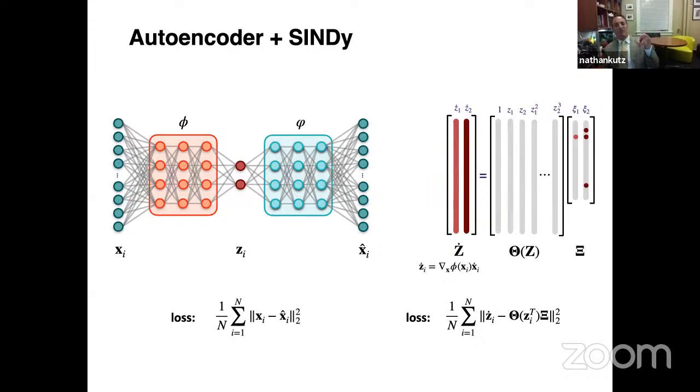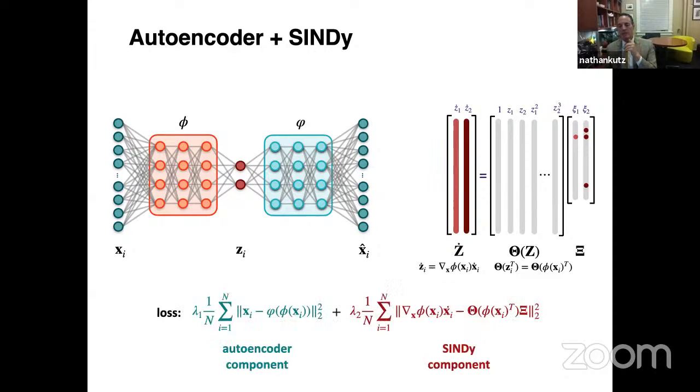So X and Z are going through the mapping phi. So if you want to get Z dot in terms of X dot, there's a gradient computation that's made there across that neural network. Now it's going to turn out to be important for us. Okay, and then this is phi represented in the variable X. And then what we can do is add these together to create a loss function.